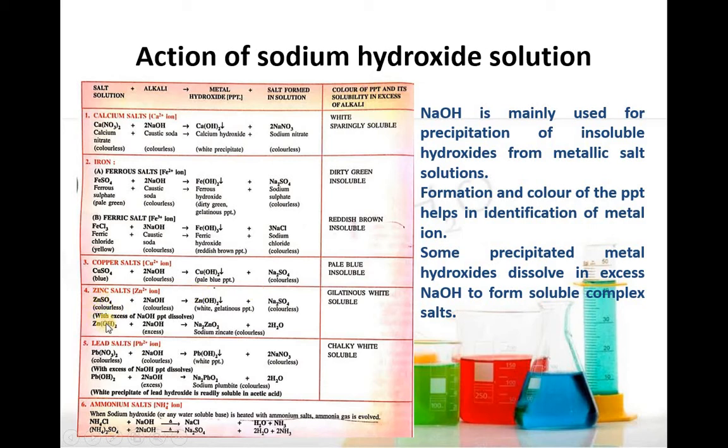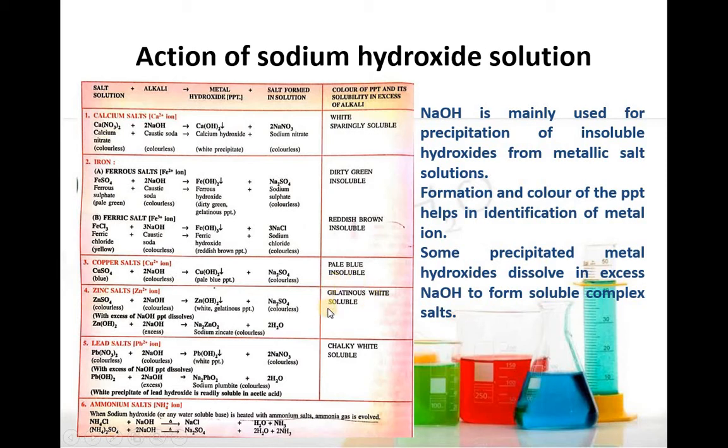Then zinc salts, they also give the white gelatinous precipitate, and for sodium zincate, this is there. Now in this white gelatinous precipitate with excess of NaOH, the precipitate dissolves, that is zinc hydroxide dissolves. Now what does that say? Some precipitated metal hydroxides dissolve in excess sodium hydroxide.